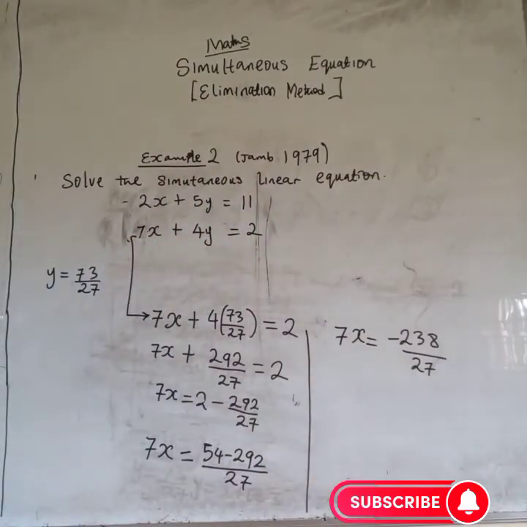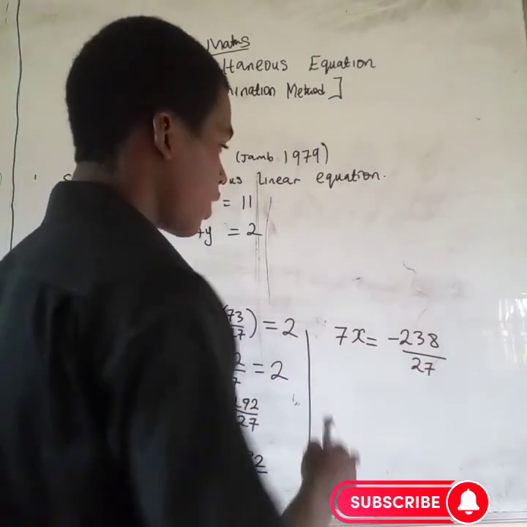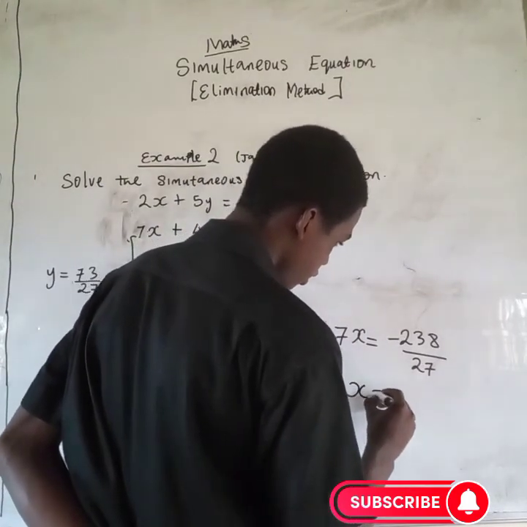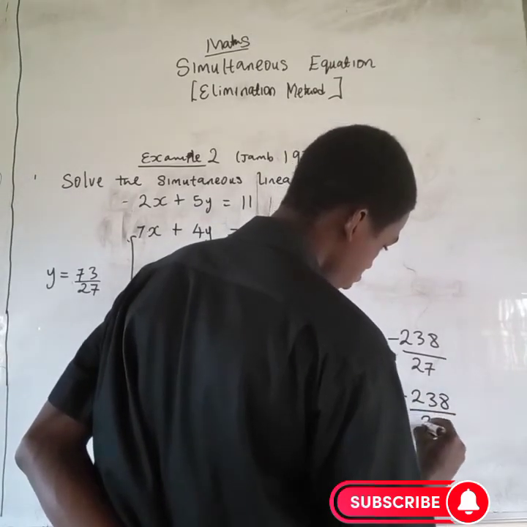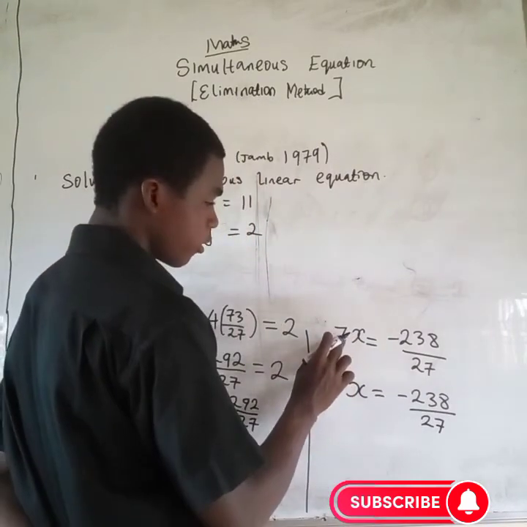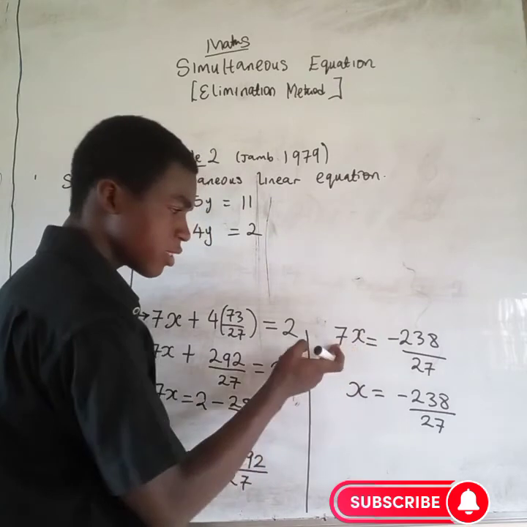Any problem? Okay. Now, the next thing is to make x the subject of formula. So we'll make x the subject of formula. x is now equal to minus 238 over 27. Is it not? So when 7 crosses to the other side, this is multiplication, right? 7 times x is the same thing as 7x.